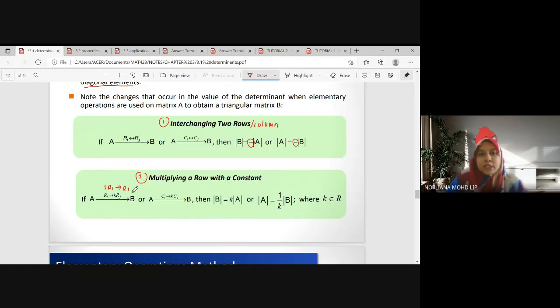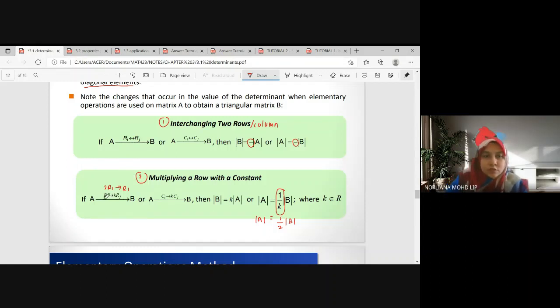So we have to multiply by 1 over K times the determinant of matrix B. So we get 1 over 2 times the determinant of matrix B. Determinant of A is equal to 1 over 2 times determinant of matrix B.